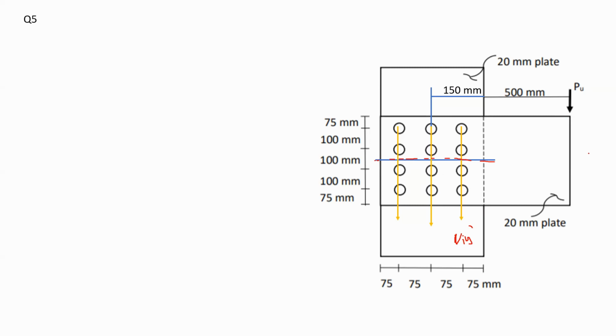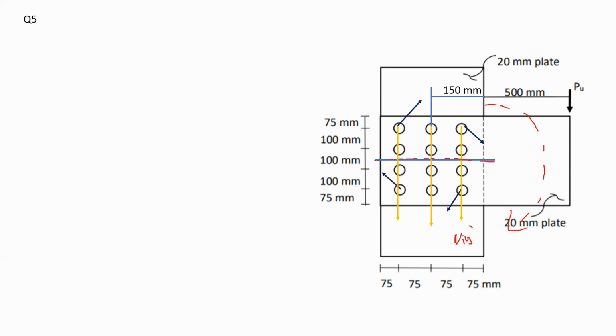If I consider other kinds of forces, this PU would cause a torsional force on the group of bolts. So there will be a rotation like this. It would be a clockwise rotation. That rotation would cause another kind of shear force, as shown in the blue arrows.